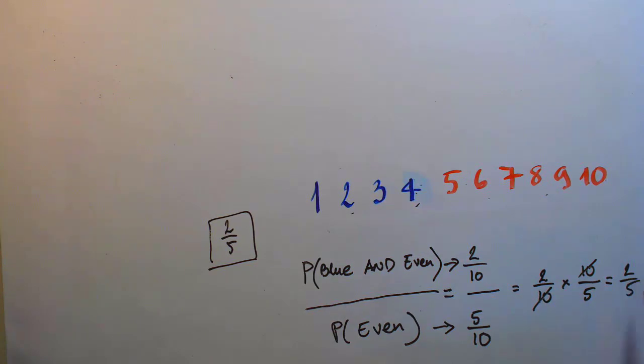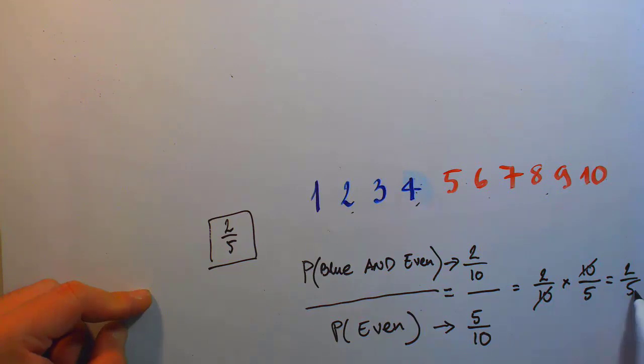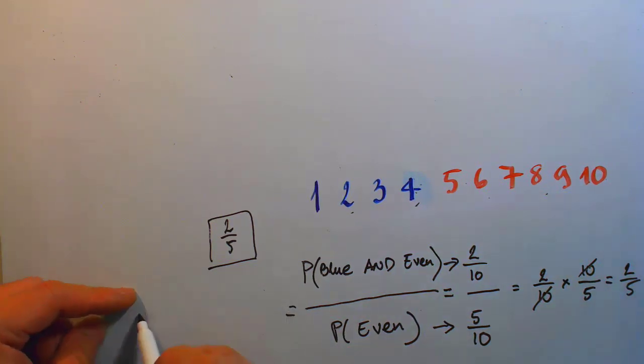So what did I try to say right here? I actually tried to point out that there is a formula existing behind the scenes here. The answer we're looking for from the beginning was the probability of looking for blue, given it's an even.